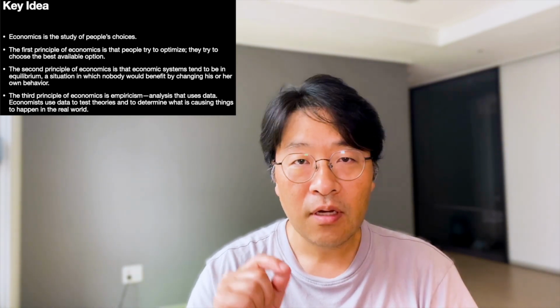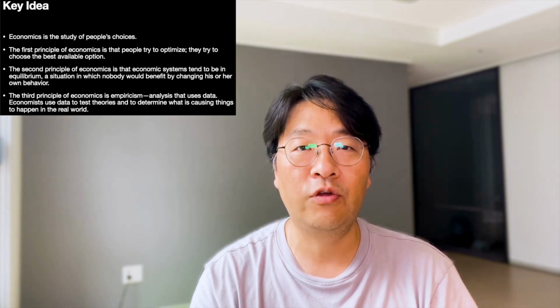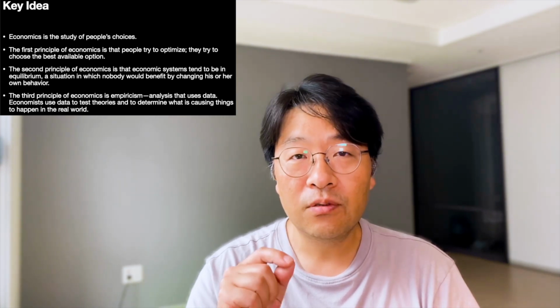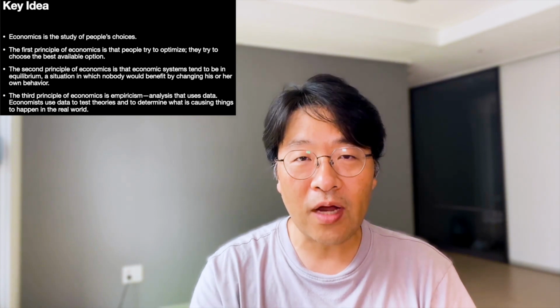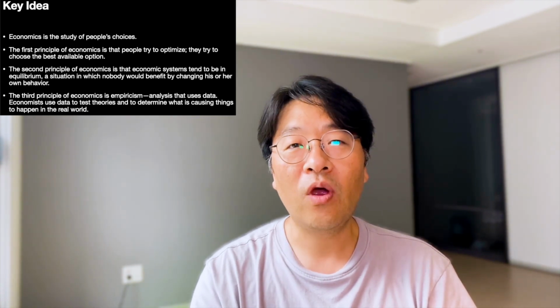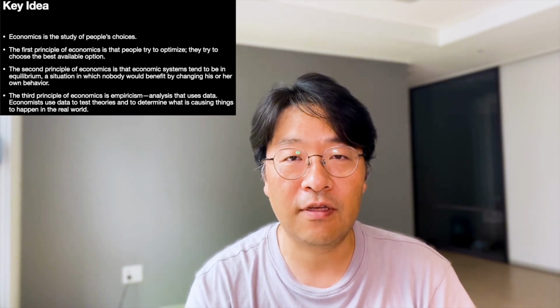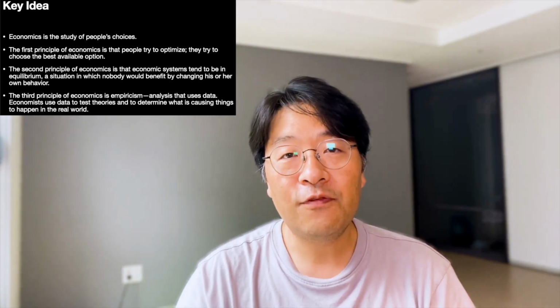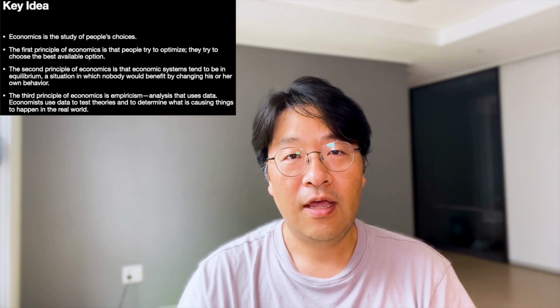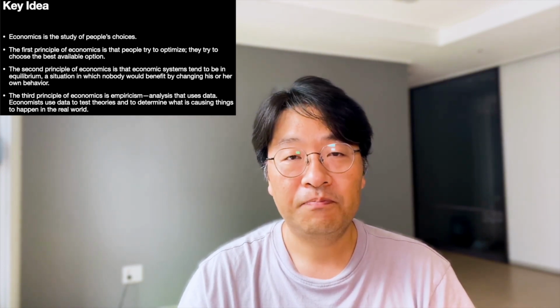So the second principle of economics is equilibrium. Every single economist thinks about what the equilibrium condition is. Where is the equilibrium? How can I find equilibrium? What is the condition of it? That is a very fundamental question they have in their mind.